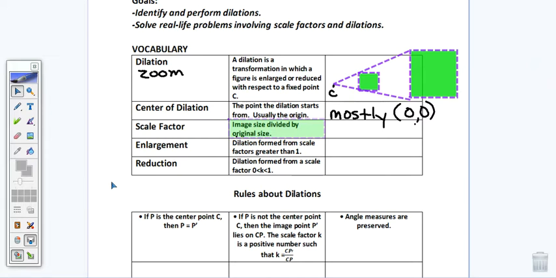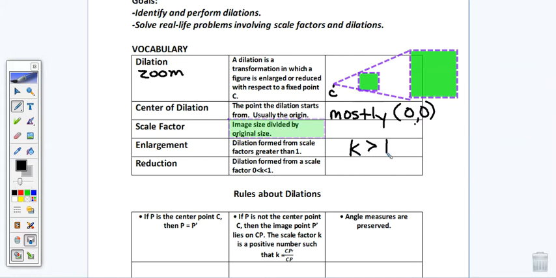Kids, enlargement means that you're going to have a scale factor greater than what? 1. A lot of times they talk about the K value. If you're ever dealing with scale factor, something's going to get larger if the scale factor is greater than 1. So you want your K values to be greater than 1 here typically.